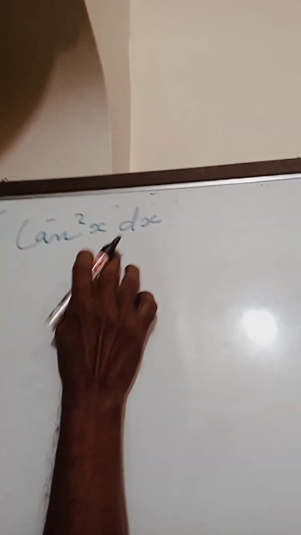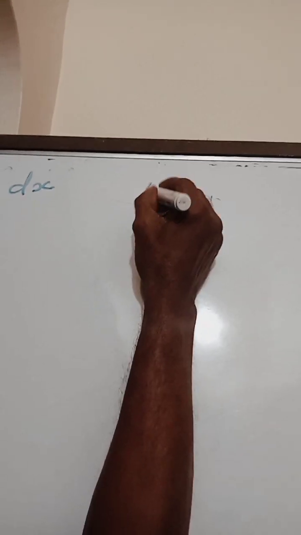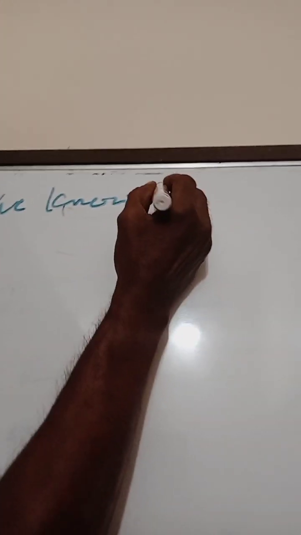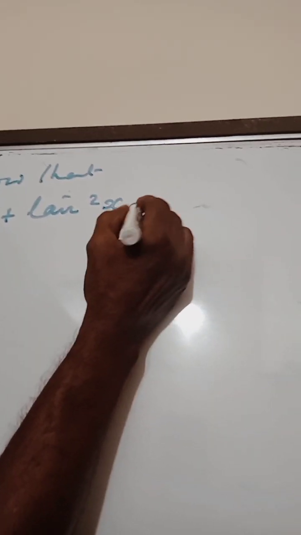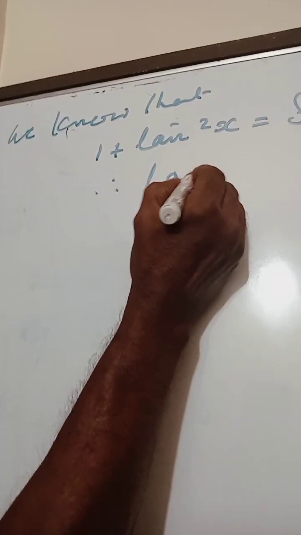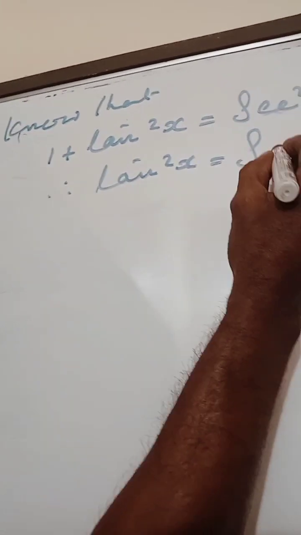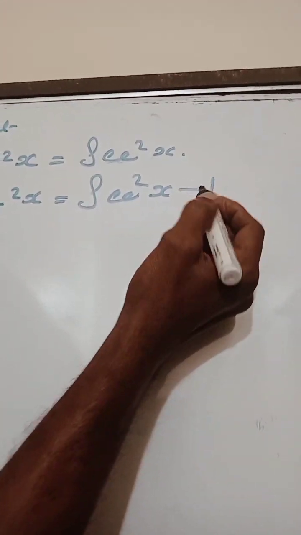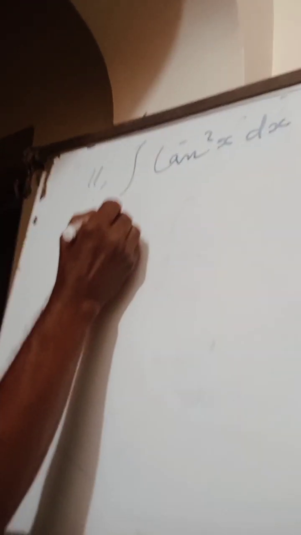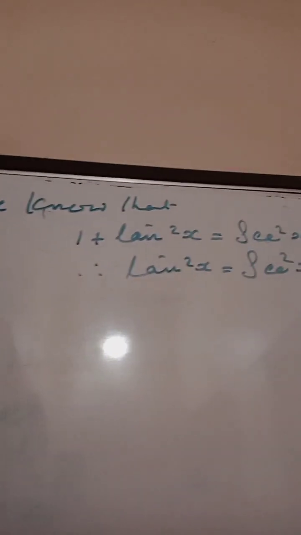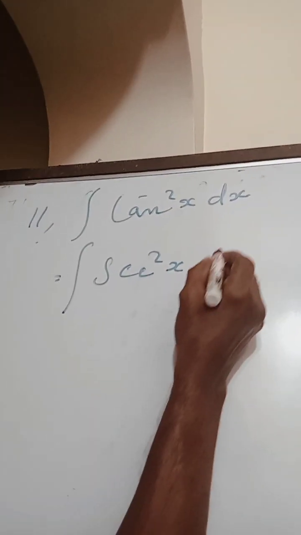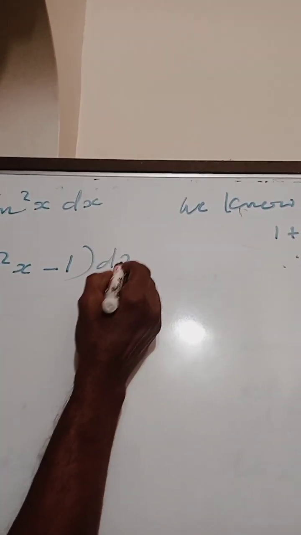Eleventh question is integration of tan square x dx. We know that 1 plus tan square x is equal to sec square x. Therefore, tan square x is equal to sec square x minus 1. Therefore, this is equal to integration of, instead of tan square x, we put sec square x minus 1, into dx.